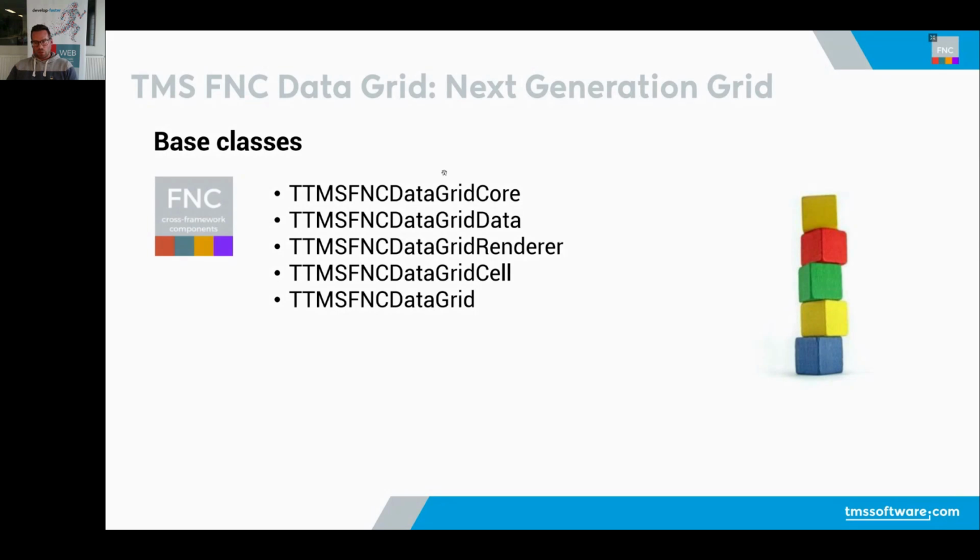The abstract classes which form the data grid will not be visible in the tool palette because they are classes. They can be instantiated at runtime. I will show a sample later on. The TTMS FNC data grid is the visual component that encapsulates all the abstract layers and is capable of being dropped on the form and will show as if it were any other control.